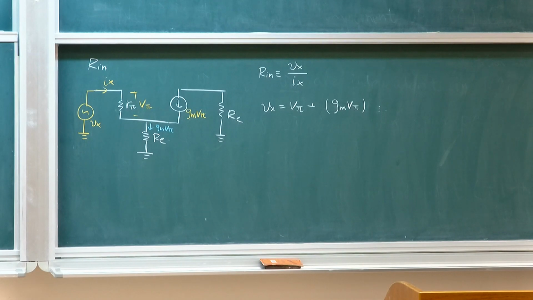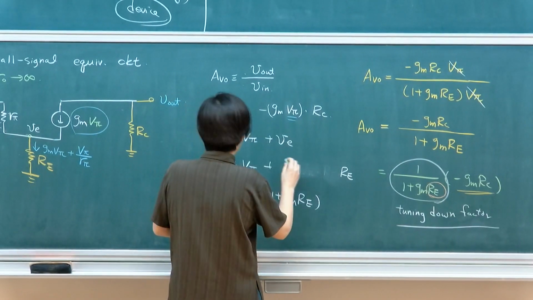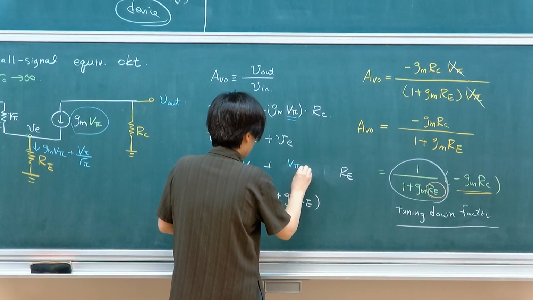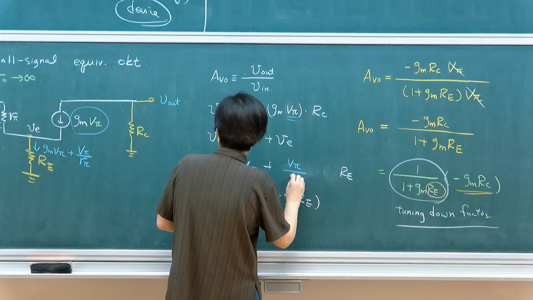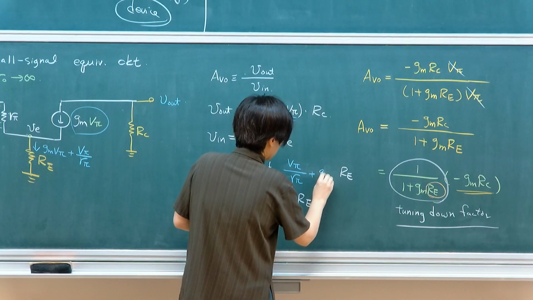So let me make a correction first, and then we'll come back and do the omission. So this will be another V pi plus, this one's missing, gm.